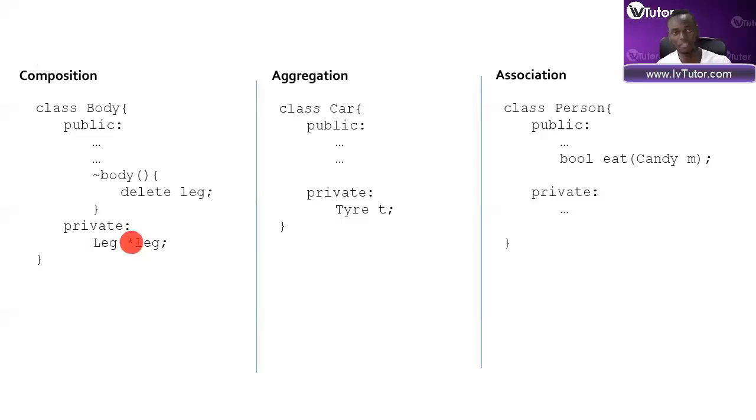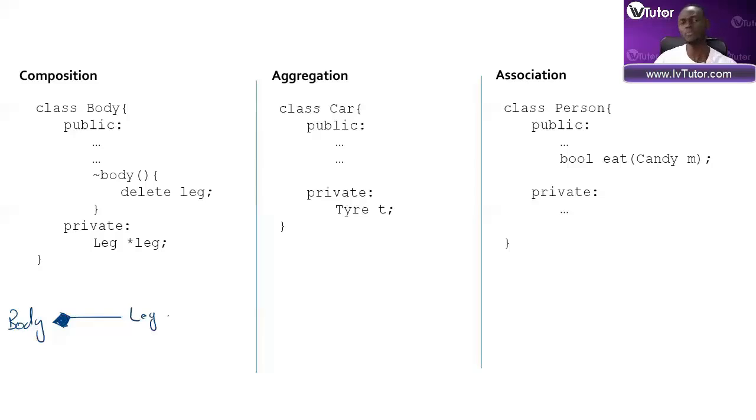Therefore, this child cannot exist without its parent, because every time we delete the parent, it deletes the child. So this is a composition relationship. You can draw this one by putting body here, then your leg here, and for composition, your diamond is solid. That's how you do a composition relationship.